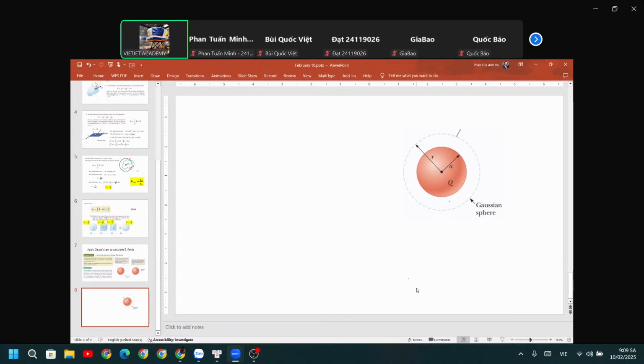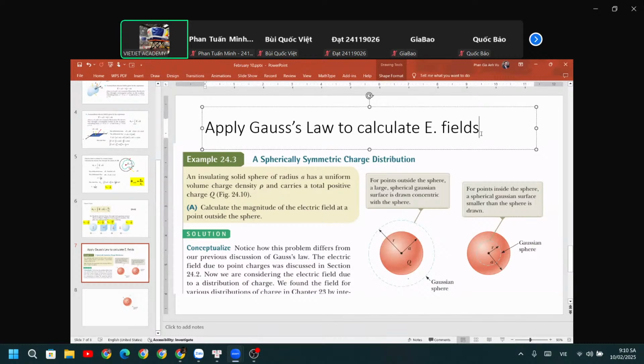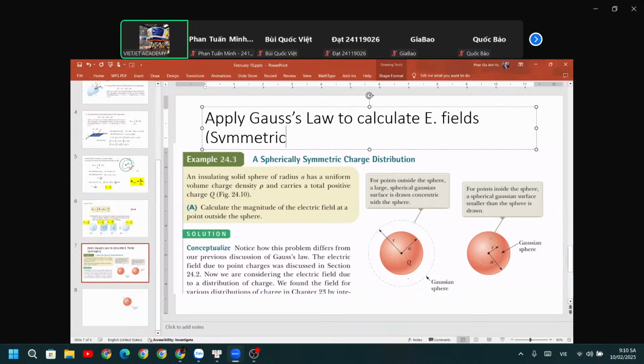The only condition in which we can use the Gauss law is we have to have the symmetric configuration, right? So I write here the note: symmetric configuration.